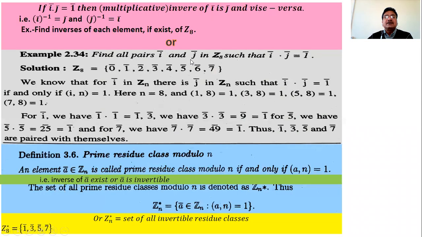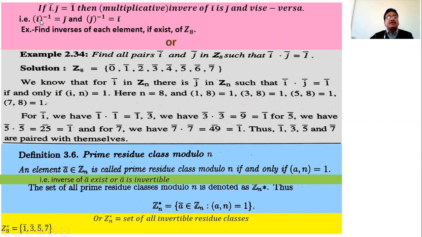So what is the definition of multiplicative inverse? If I bar into J bar is 1 bar, then the inverse of I bar is J bar and vice versa. That is, the inverse of J bar is I bar and the inverse of I bar is J bar. The notation to denote the inverse is I bar raised to minus 1 equal to J bar.